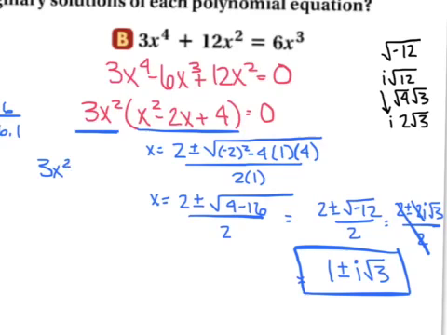How do we solve the factor? Take the factor, set it equal to 0. x squared equals 0. x equals 0.